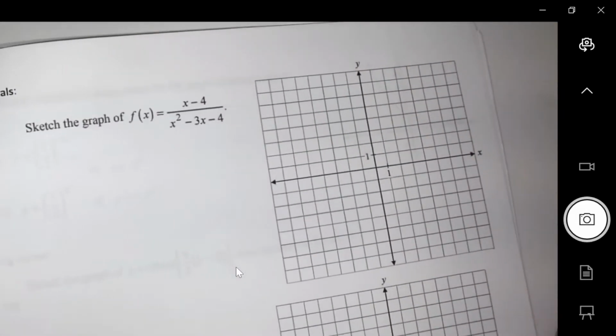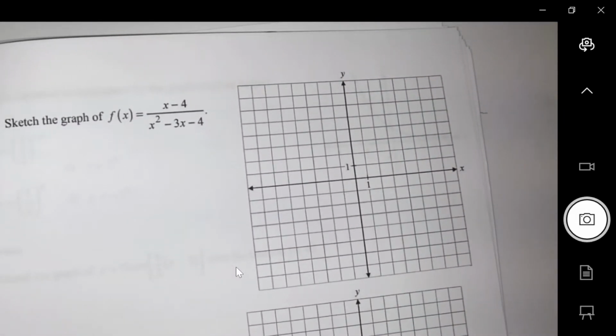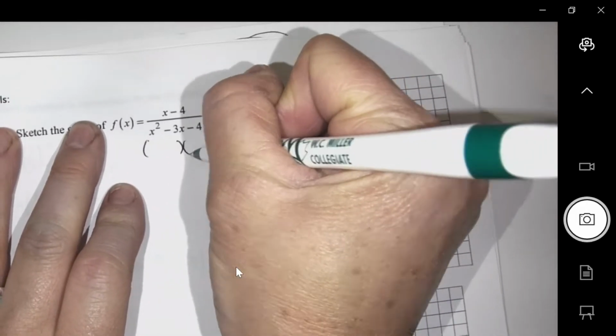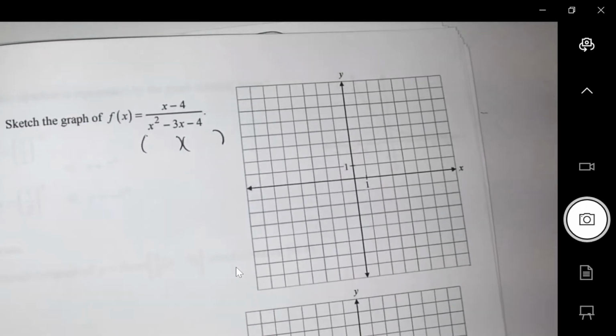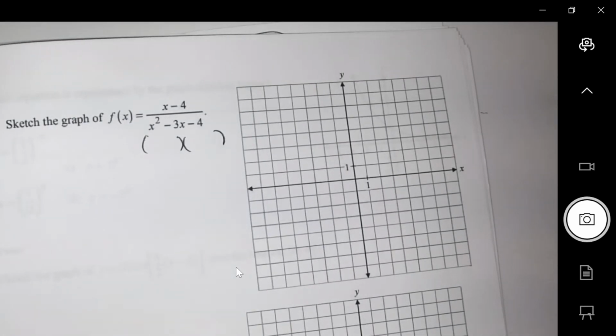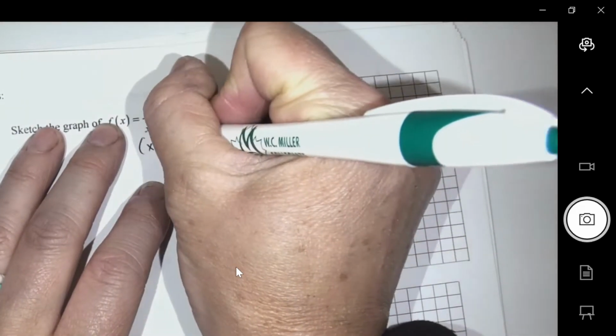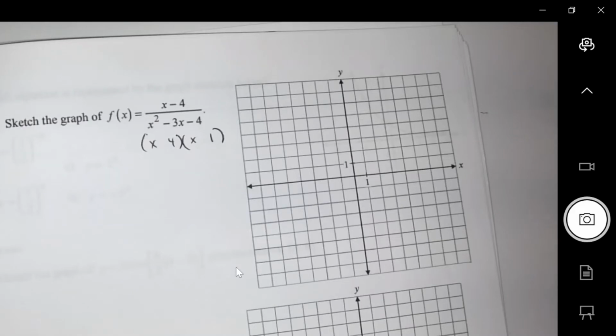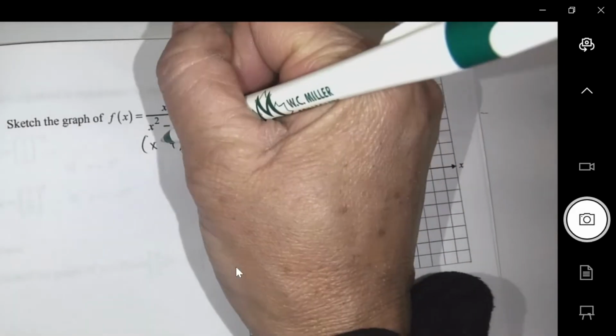Okay, rationals, the other thing we just did. First of all, I am going to factor the bottom. Multiplies to 4, adds to -3: 4 and 1.